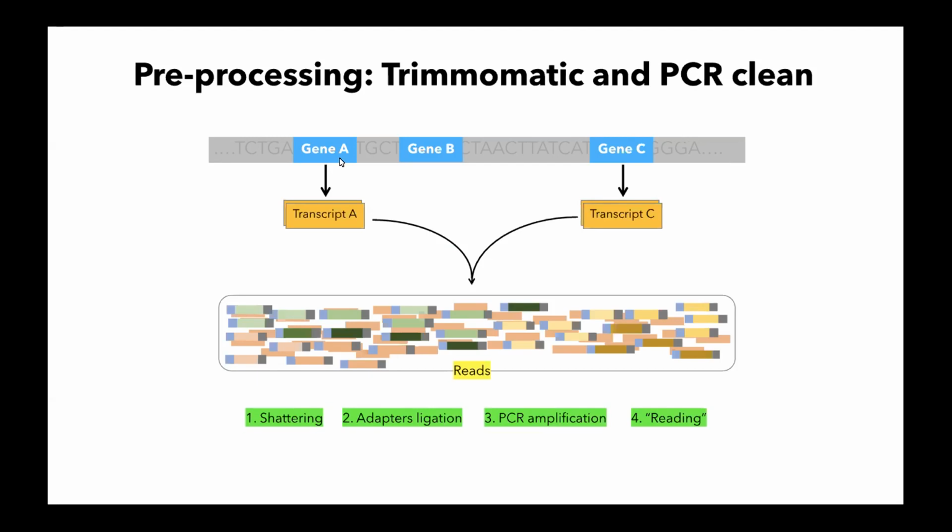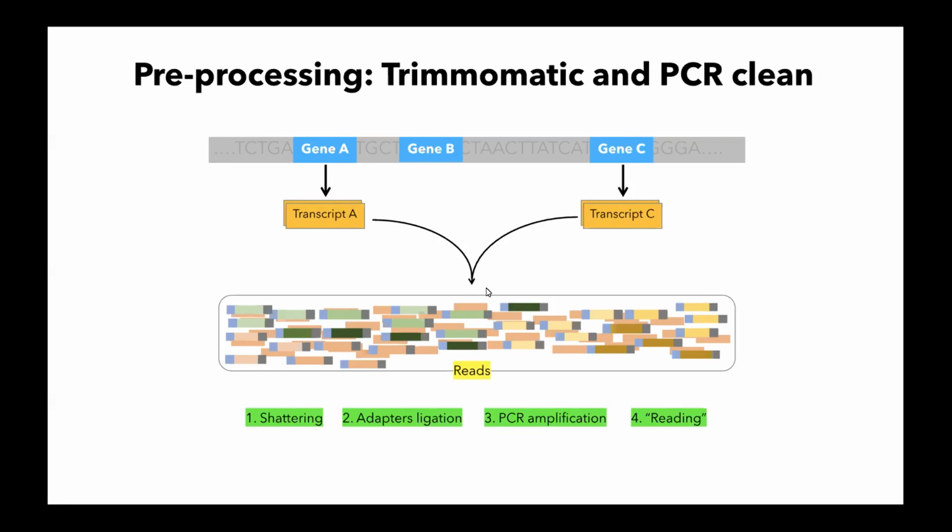So a transcript will be a little bit different from the actual gene. So the gene gets expressed, some genes don't get expressed, some get expressed more, some get expressed less. And this mRNA is what we have in our sample.